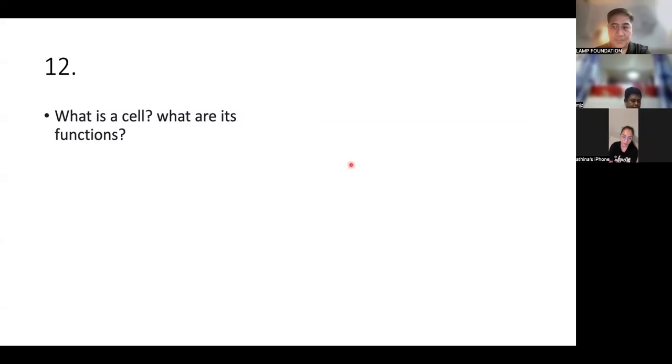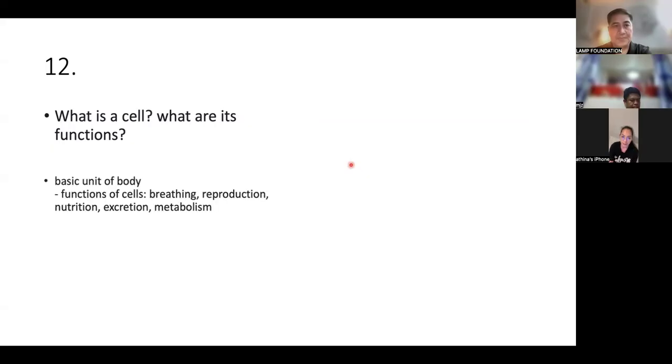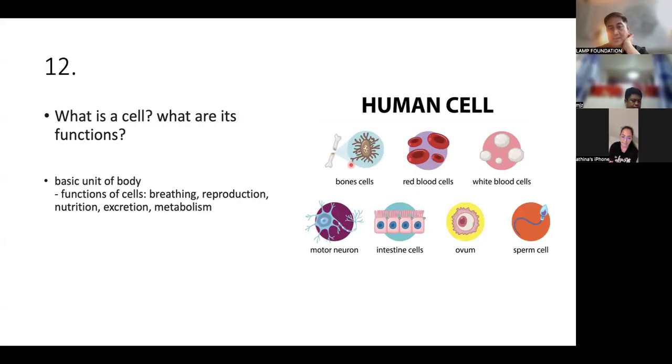It functions for breathing, reproduction, nutrition, excretion, and metabolism. So these are examples of cells. We have here the bone cells, red blood cells, white blood cells, the nerve cell or the motor neuron, intestine cells, the ovum or the egg cell, and the sperm cell or the spermatozoon.